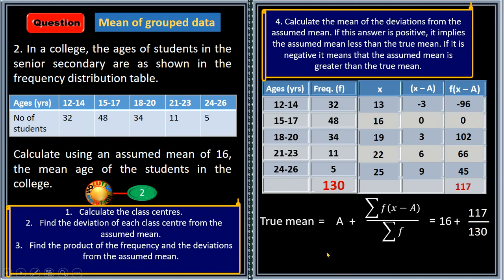Using a calculator, 117 divided by 130 is 0.9. So you can see that the assumed mean is less than the true mean. 16 plus 0.9 will give us 16.9 years. That means the true mean is 16.9 years. This is how to calculate the mean using the assumed mean.